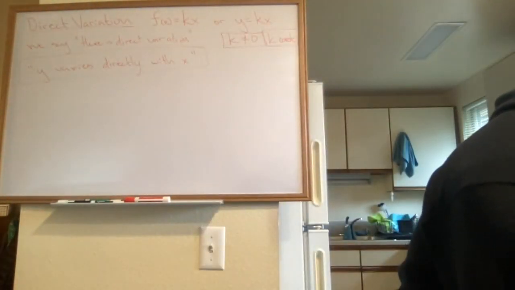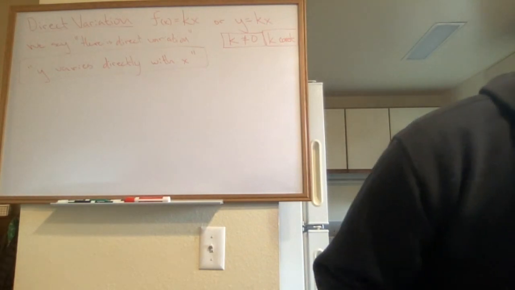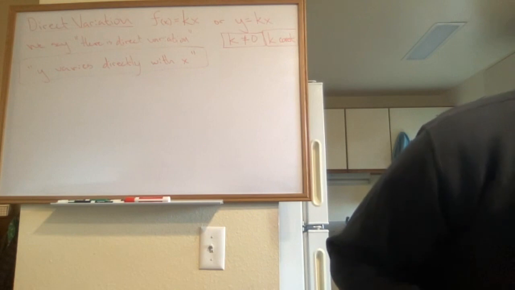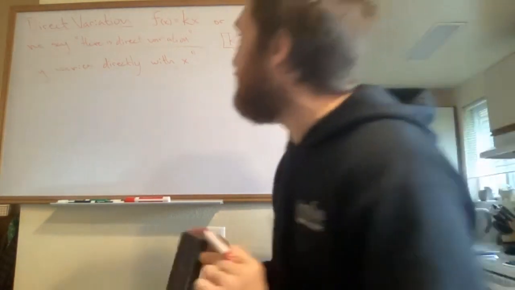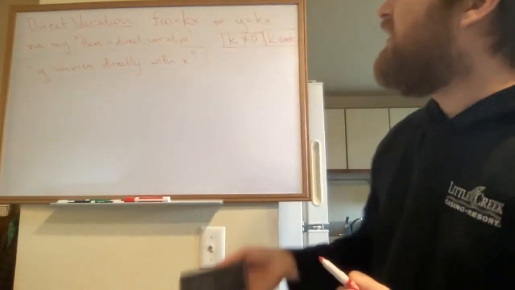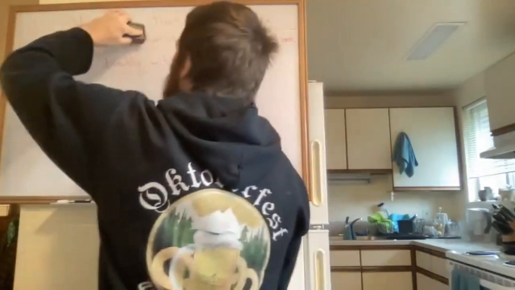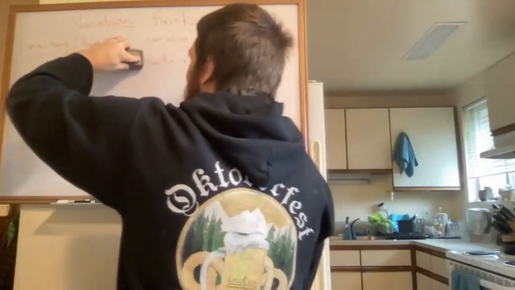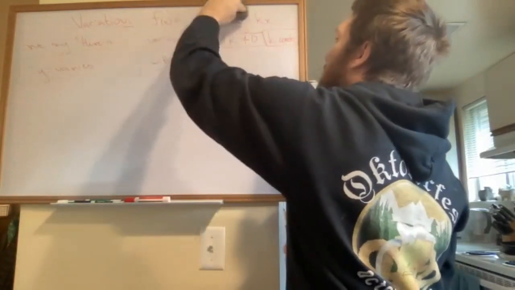There's another type of variation, and it's called inverse variation. Everywhere that I see direct, I'm going to change direct to inverse. These are going to look a little different.